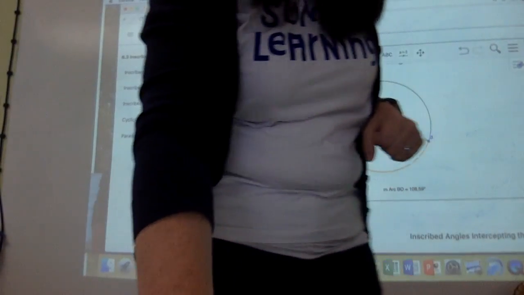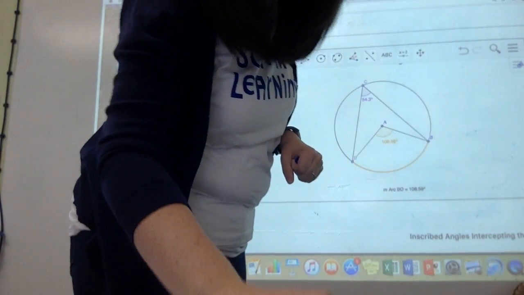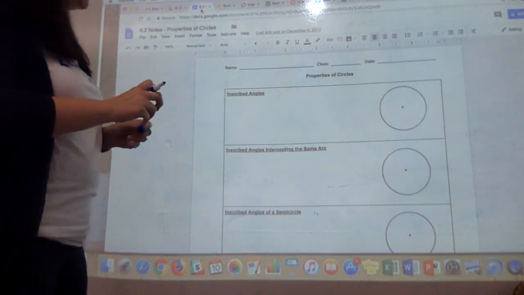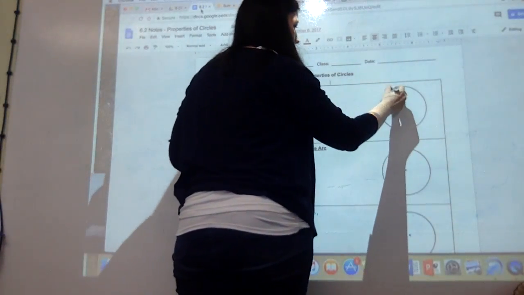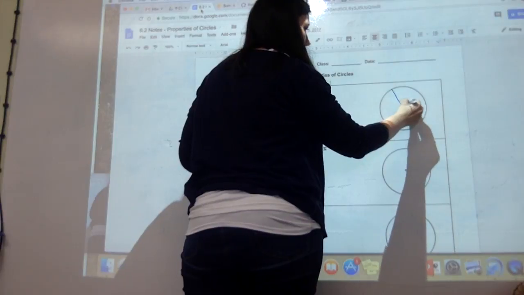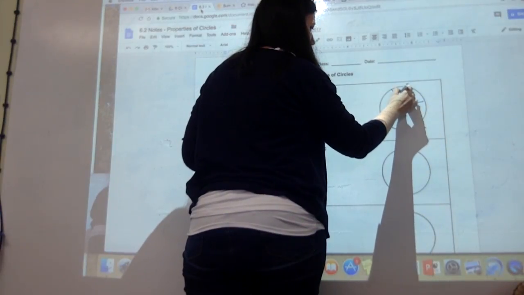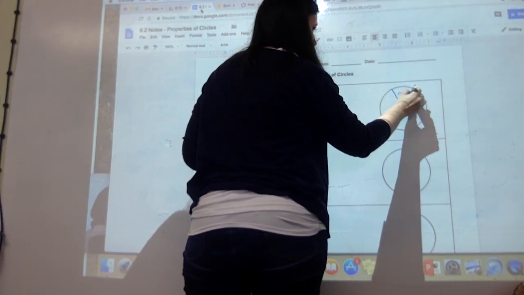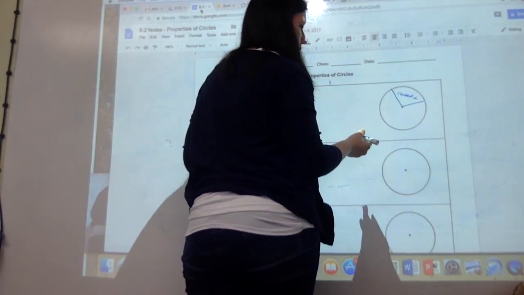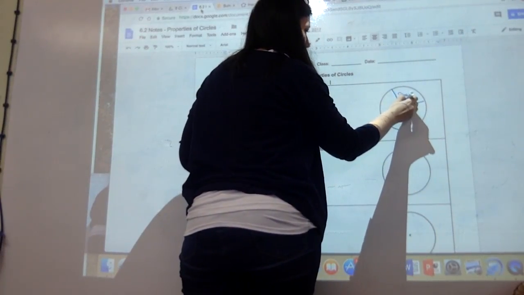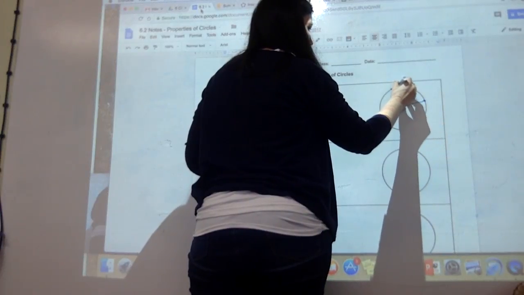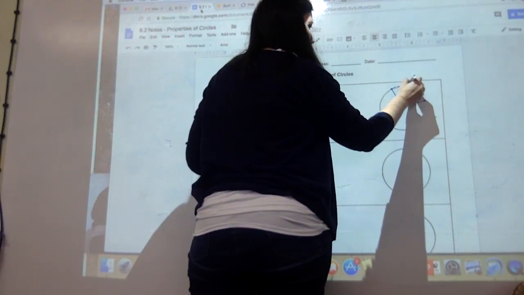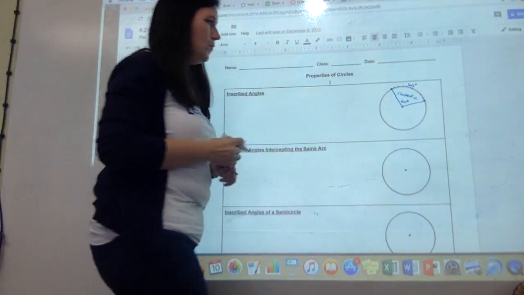So this would be a central angle. Let's say if I make that 60 degrees, then that makes this arc 60 degrees, right?